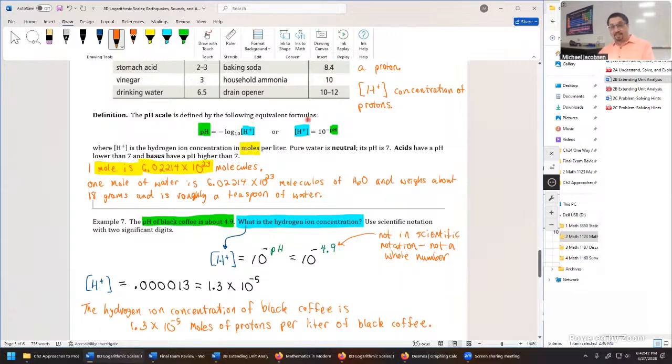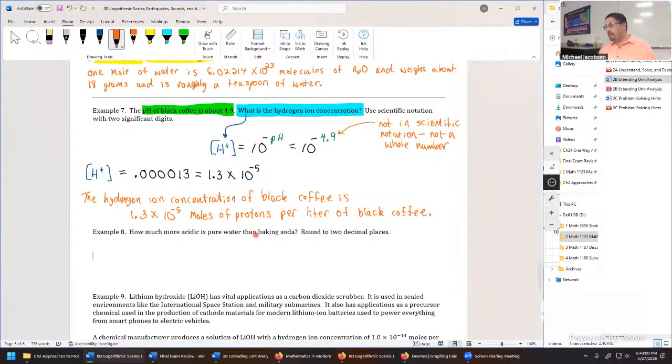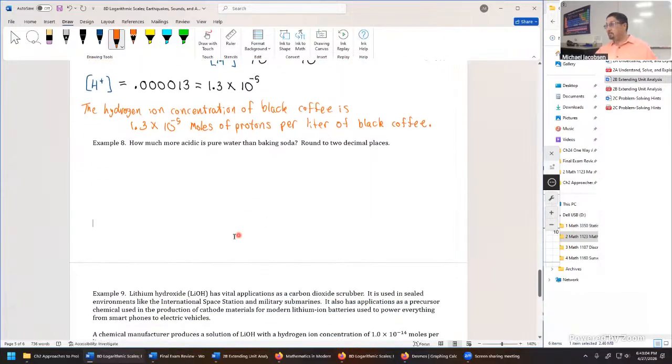Or if we know the hydrogen ion concentration, we can find, hang on, I said that backwards. If we know the pH, we can find the hydrogen ion concentration like we did on example 7 with the known pH of black coffee. So now, if we turn this all around, this is a problem that's kind of similar, a comparison problem.